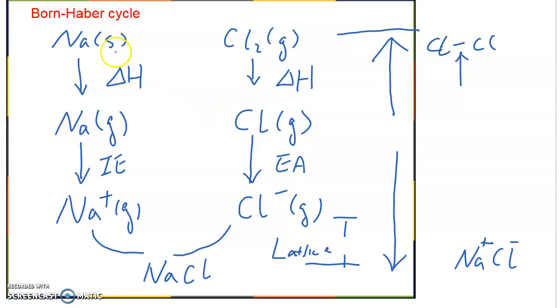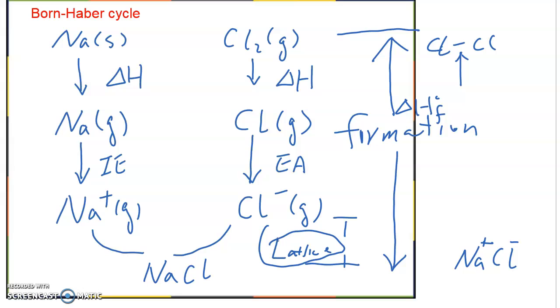Over here, from elemental form, most stable state, 1 mole, yes, that is called the enthalpy of formation, delta H. So if we can find this from the literature and we can find each of these values from the literature, then we can calculate the lattice energy because everything is known.